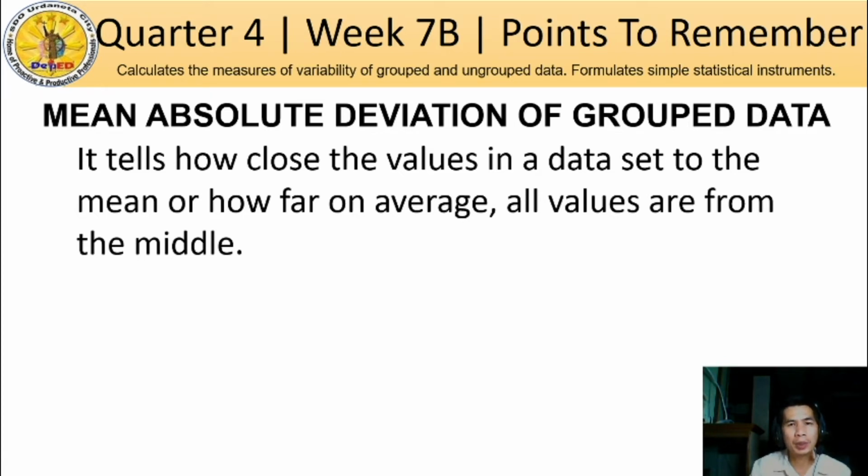Yun yung mean absolute deviation. Ito yung formula natin. We have the MAD or the mean absolute deviation is equal to the summation of the frequency times the difference of the data or the midpoint minus the mean all over your n.